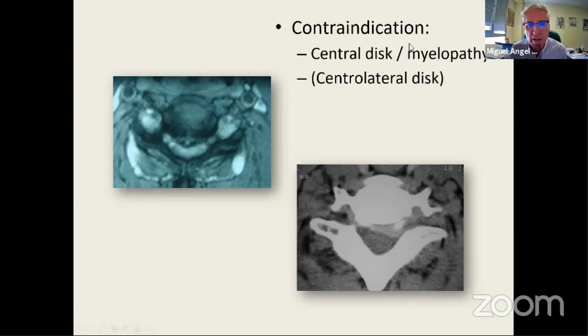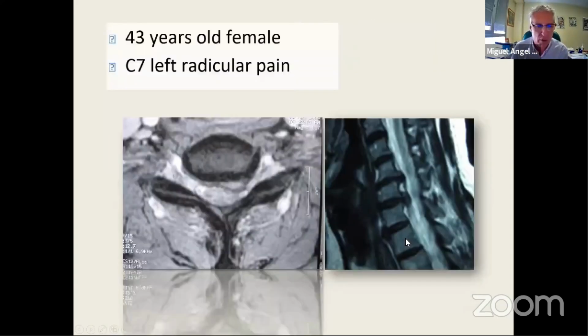So, a very important contraindication: central disc and myelopathy, and also centrolateral disc. Do not be tempted to try to remove this broad-based disc, because you will have problems regarding the spinal cord.